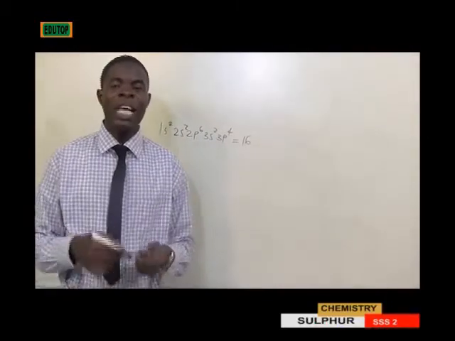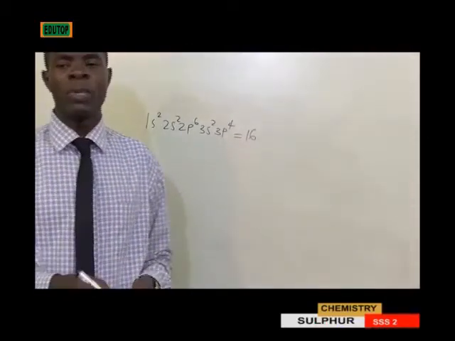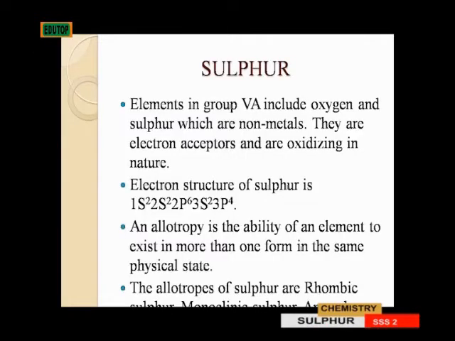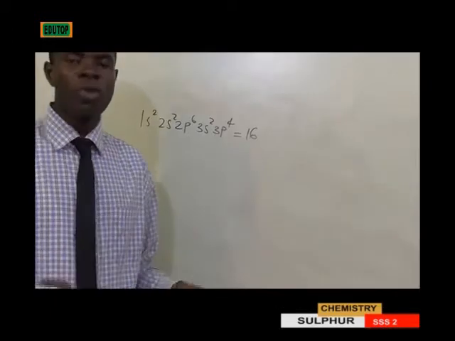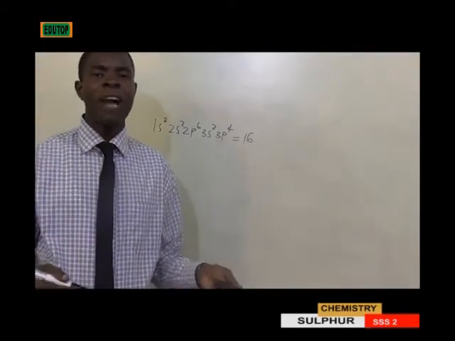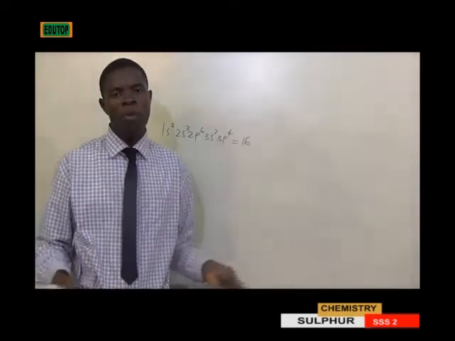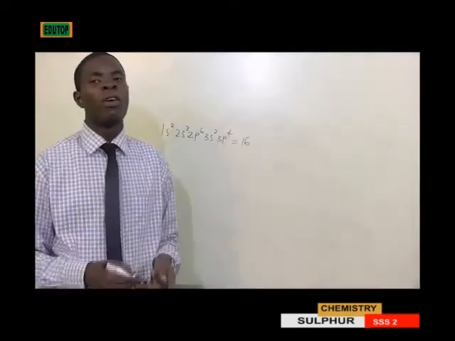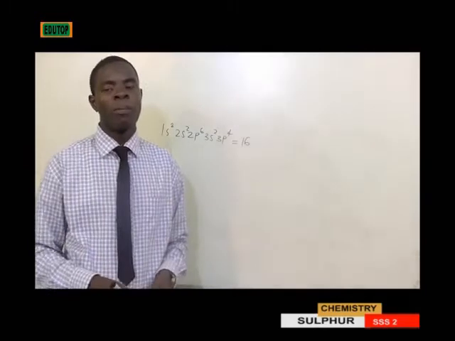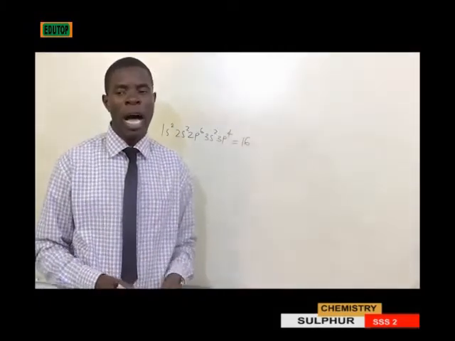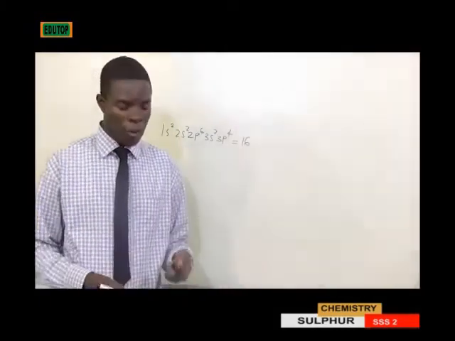Sulfur exhibits allotropy. What is allotropy? Allotropy is the ability of an element to exist in more than one form in the same physical state. The allotropes of sulfur are rhombic sulfur, monoclinic sulfur, amorphous sulfur, and plastic sulfur.